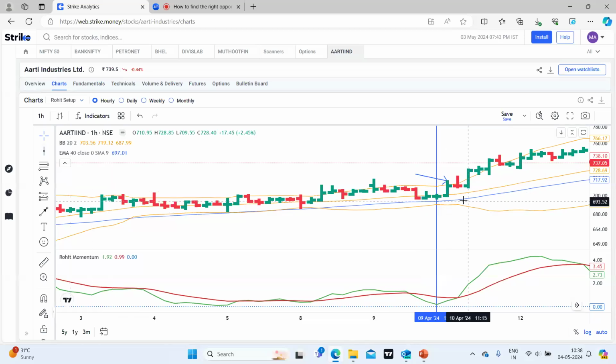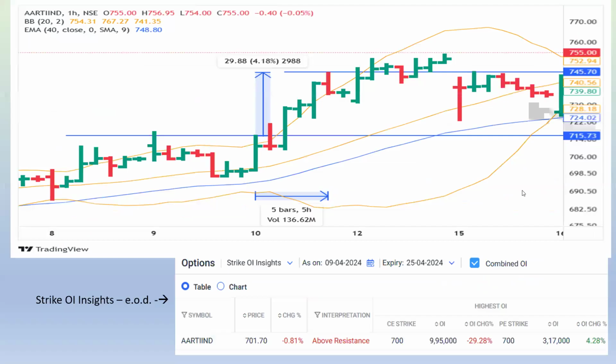And then the move started. In one day, a 4% move.